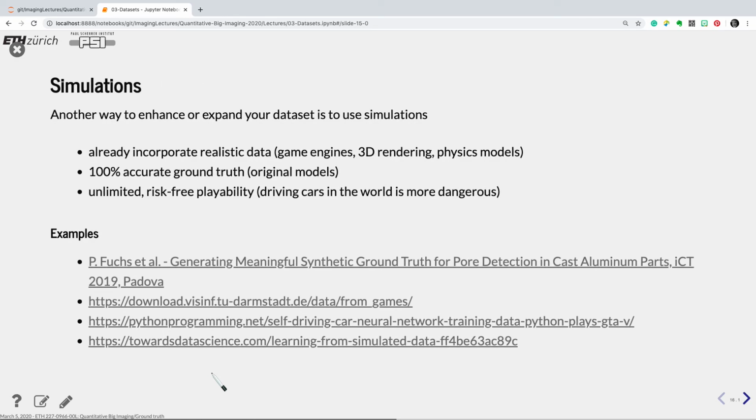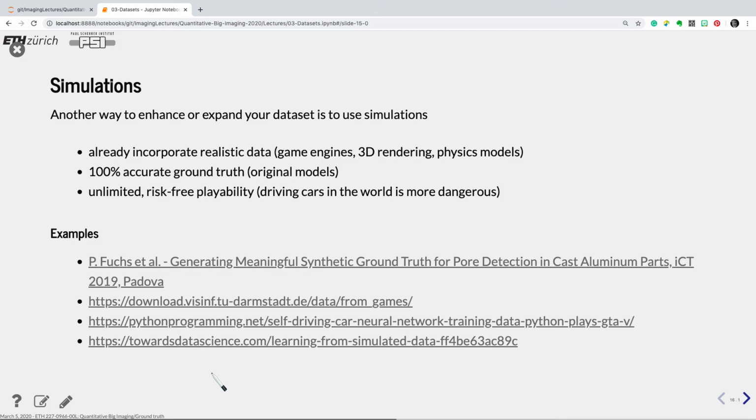Another way which is useful, now we actually come in towards augmentation, is doing simulation. In some cases you can actually simulate the behavior that you expect to look at, and with that you really have a good ground truth to start with.